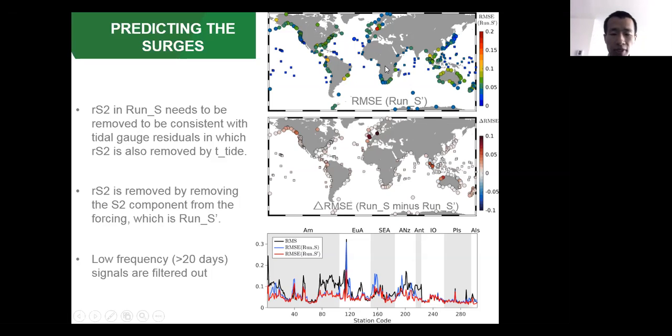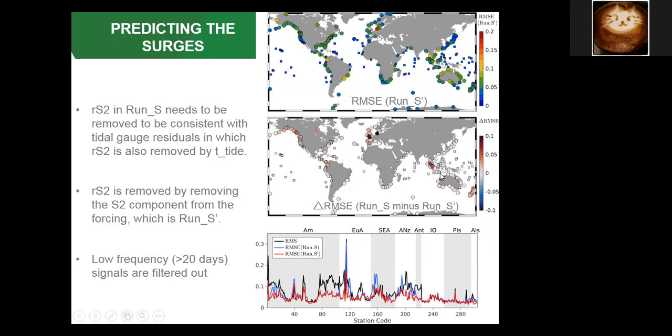In order to show the effects of the S2 forcing, we further show the RMSE differences between the surge only run with and without the S2 forcing. Again the warm color indicates improvements by removing the S2 forcing. Here we see that removing the S2 component leads to a better fit with the tidal gauge residuals at stations with a large RS2, such as the North Sea and the northwest of Australia.